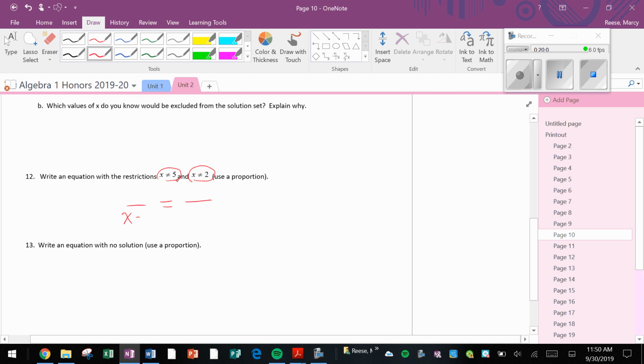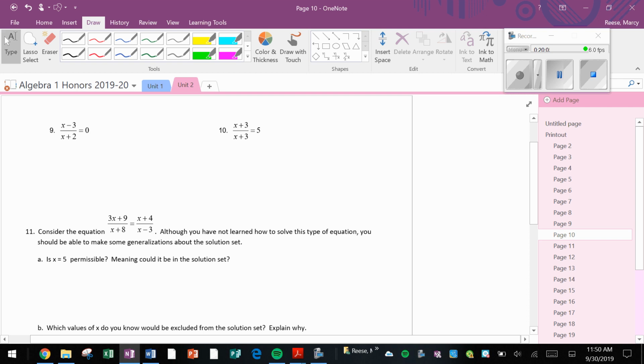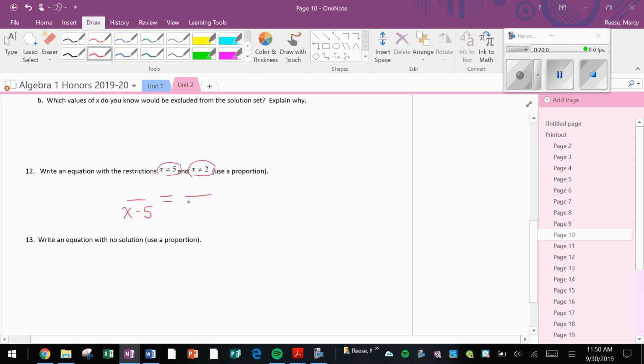So if x can't equal 5, then my denominator here would be x minus 5. And if I have one where x cannot equal 2, I'm going to have x minus 2 there. And then we're going to come up with maybe 6 here and 4 here. And you've got some kind of proportion. All right?